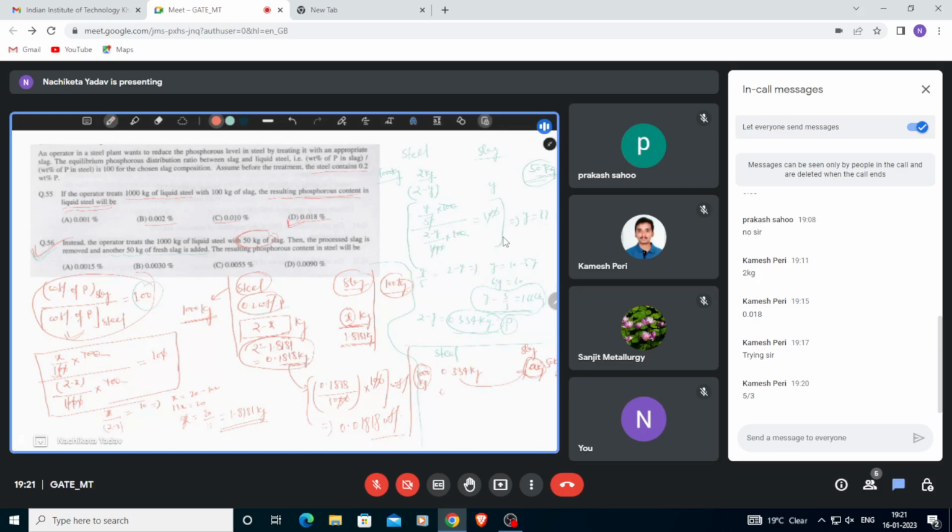So the remaining will be 0.334 minus a kg phosphorus in steel. Again we will apply this distribution ratio and find out the a value. So what will be the a value? Again in this case, the processed slag is removed and another 50 kg of slag is added.